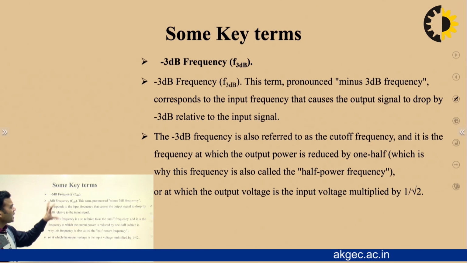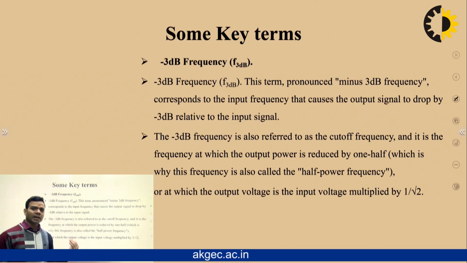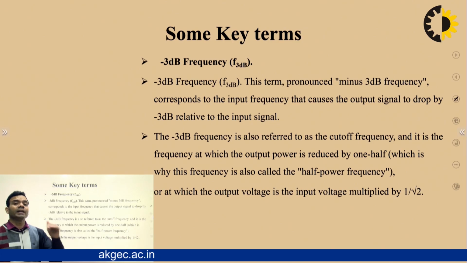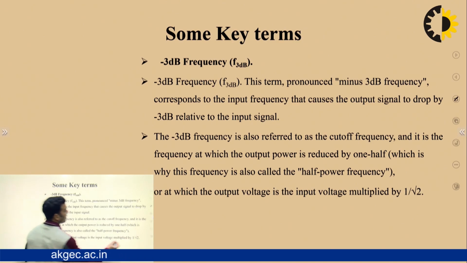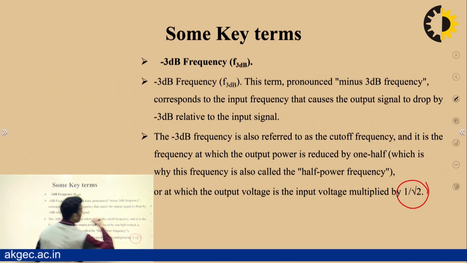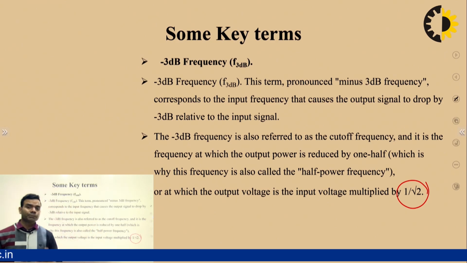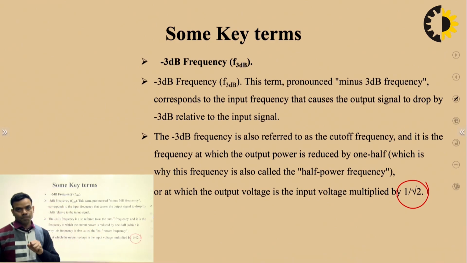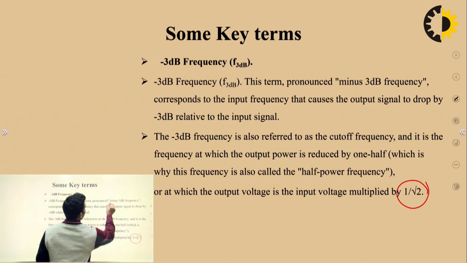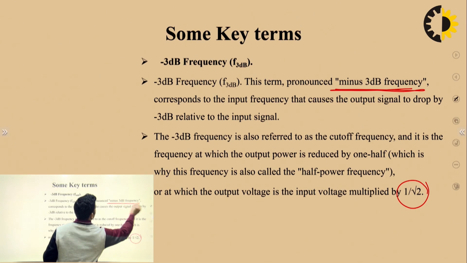Now, these are a few terms which we need to remember, like minus 3 dB frequency. As we have discussed earlier, minus 3 dB frequency is the frequency at which gain decreases to 1 by root 2 times if gain is specified as a ratio. If gain is given in dB, then the gain should decrease by 3 dB.